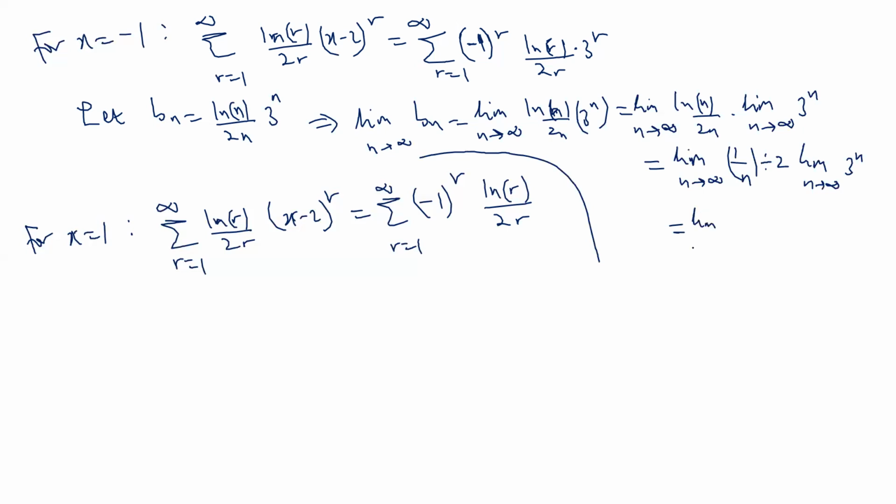So this is the limit as n approaches infinity. Okay, continue. So this is also infinity over infinity. Okay, and this becomes infinity.